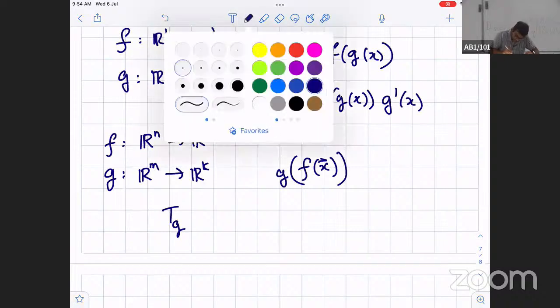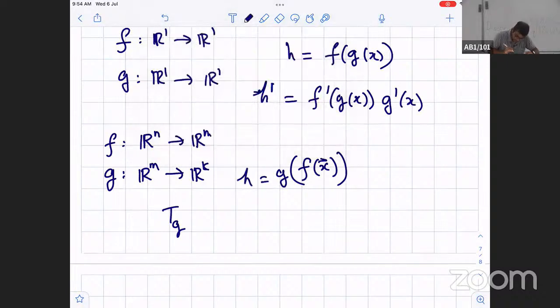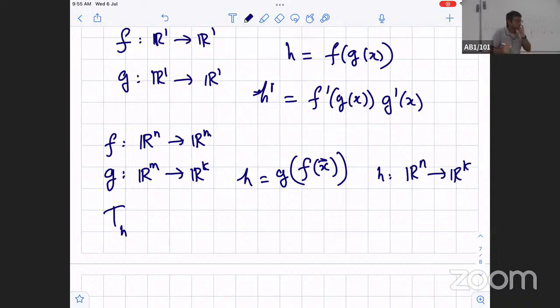So there is an h, which you can define as this. What is the dimensionality of Th, the vector Th? You are trying to approximate h. H is a function from Rn to Rk, right?